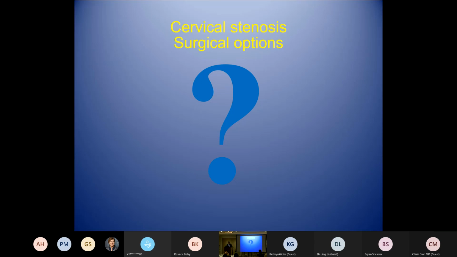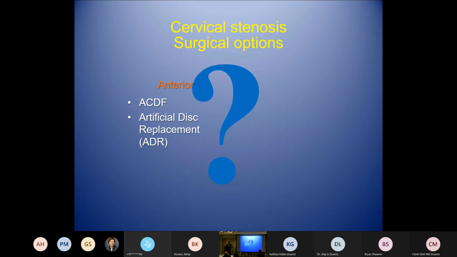So what are the surgical options for patients with cervical stenosis? There are anterior options, and the most traditional one of them being an anterior cervical discectomy and fusion, which is a tried and true operation that's been around for a long time. The newer alternative to an ACDF is an artificial disc replacement, which is what Dr. Decky was alluding to earlier, which is a motion preserving option.